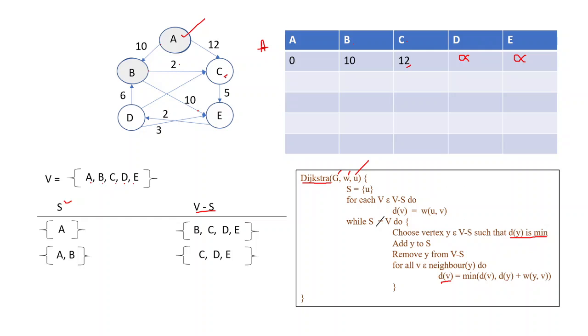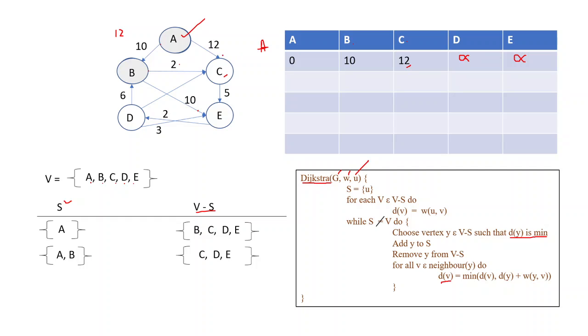Now there is also another path from A to C via B, and that path cost is this path cost plus this path cost, which equals 12. So we have 12 from both the paths. So the value of dV, the distance from A to C, remains 12.